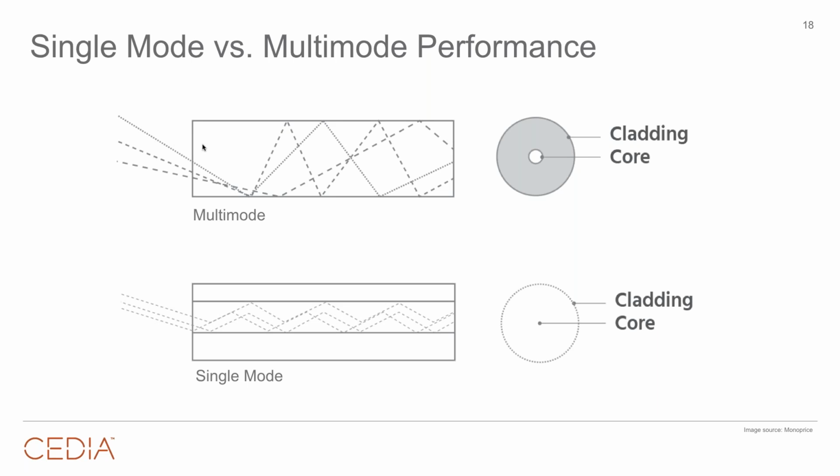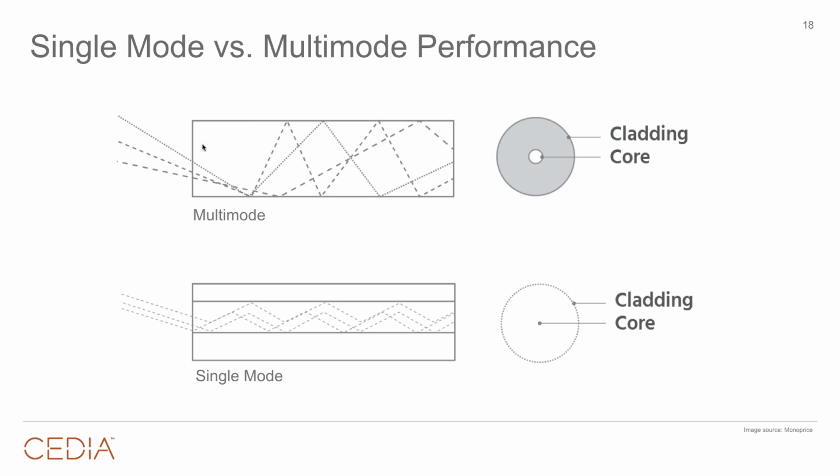And within that 1,000-foot distance, we see that 90% of the time, people are going with multimode cable. It's the vast majority of the installations. Now, multimode cable is actually a little bit more expensive than single mode. There's more glass that goes into the manufacturing, so the cost is a little bit higher, which again raises the question, why don't I just use single mode?